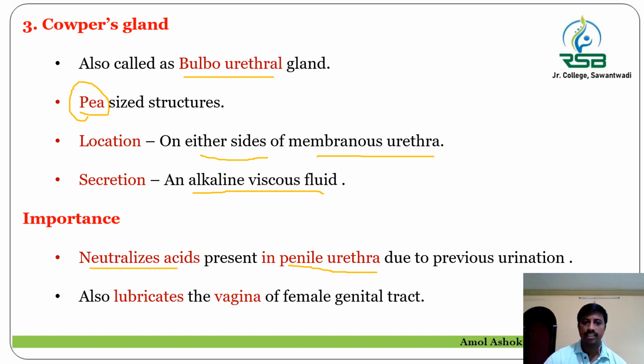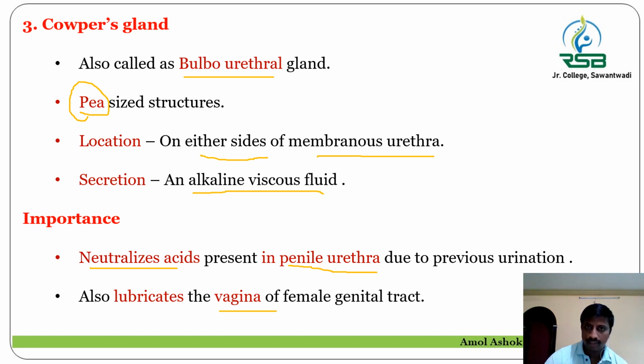Again, the Cowper's gland also helps in the lubrication of the vagina in the female genital tract at the time of copulation.